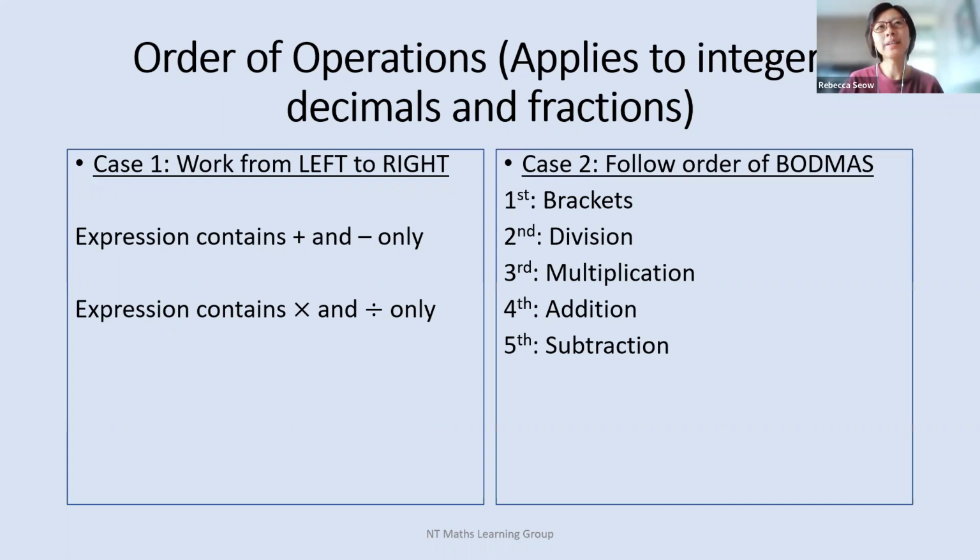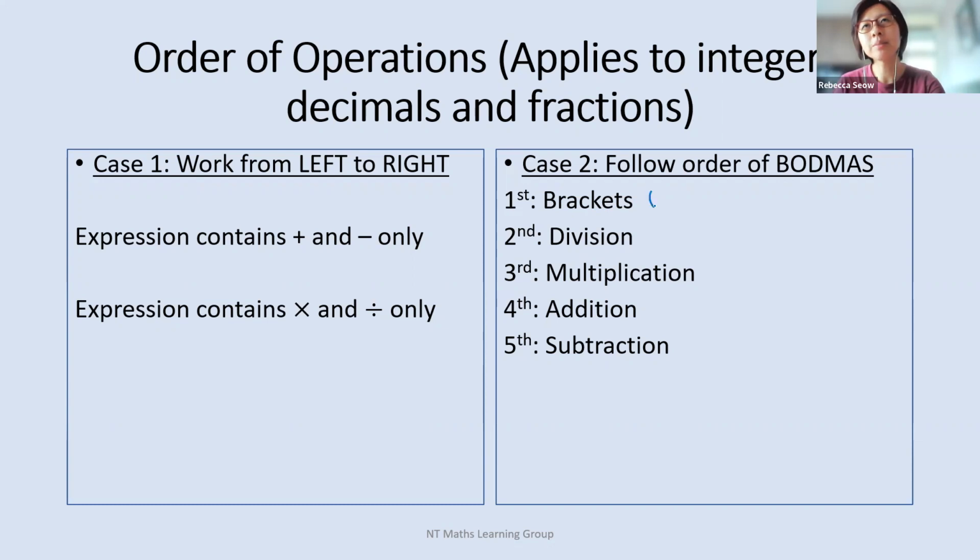However, when there are a few different symbols put together, say maybe addition and division, maybe subtraction and multiplication, maybe all 4 different symbols, then we have to follow something called BODMAS. What's BODMAS? BODMAS is actually an acronym, and the letter B here is used to signify brackets.